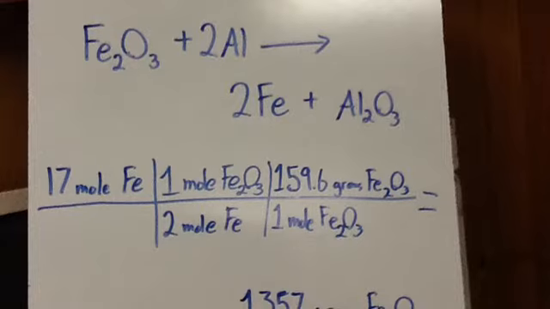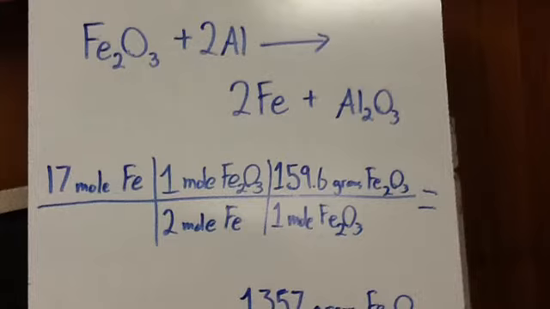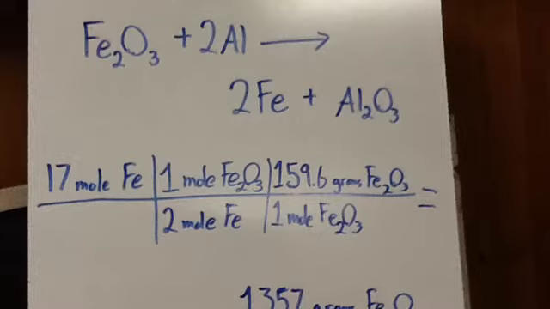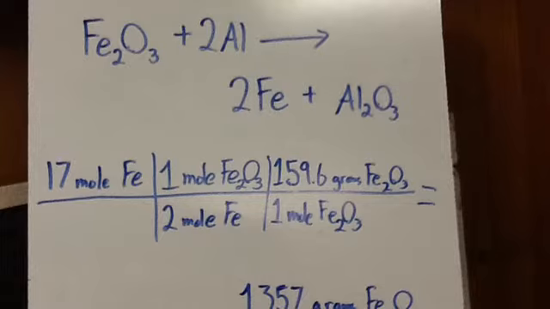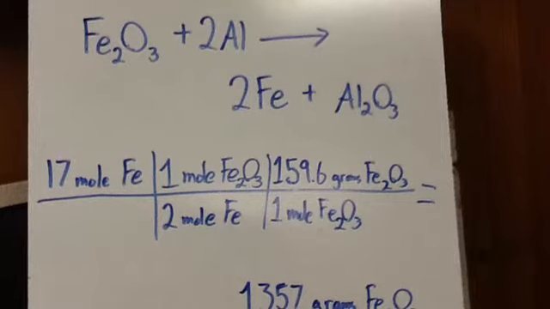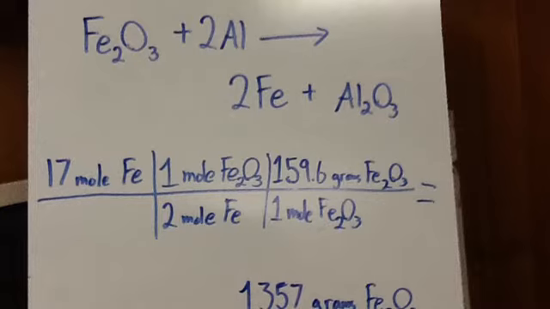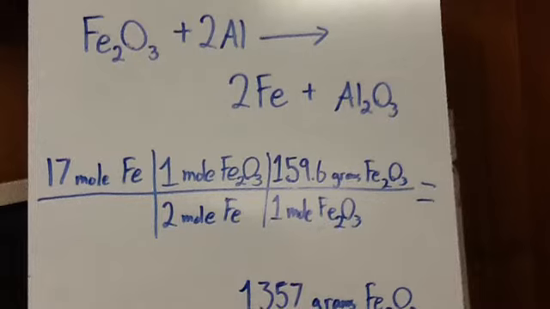Since moles of iron 3 oxide are on top and on bottom, they will cancel out. And our final answer will be in grams of iron 3 oxide. Now, 17 times 1 times 159.6 divided by 2 divided by 1 is 1,357 grams of iron 3 oxide.